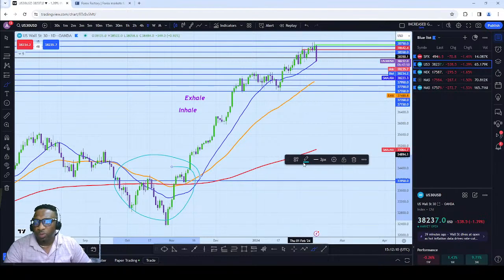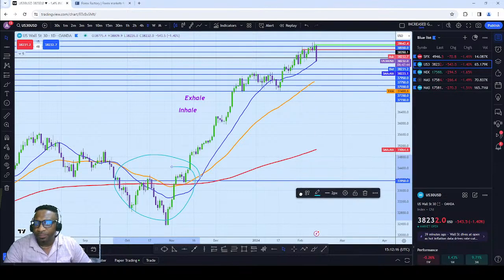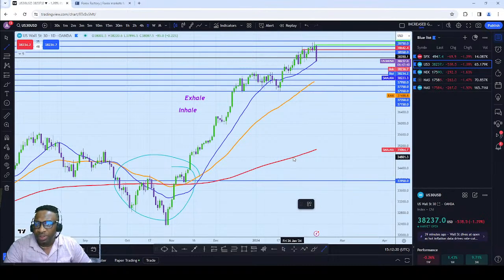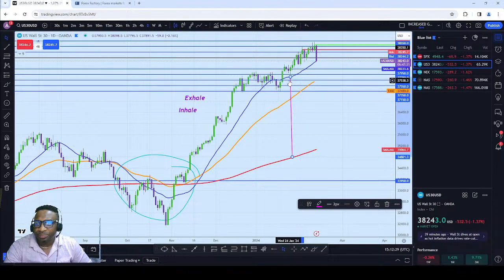When we say wide state, we are just referring to when there's a gap between the 200 moving average and the 20 moving average. You can see there's a wide gap between these two.